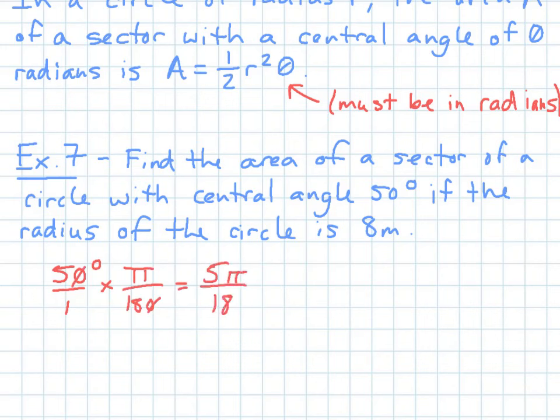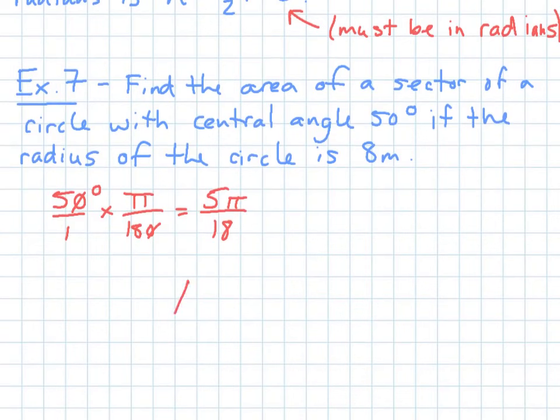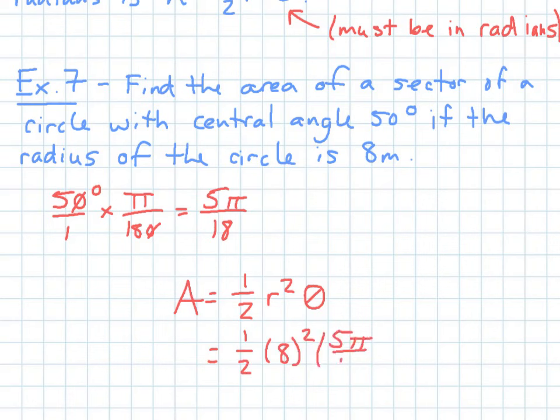Okay, so that'll be my radian measurement. So then from there, now I just need to plug in my stuff. So area equals 1/2 r squared theta. So r is 8 squared times 5 pi over 18.